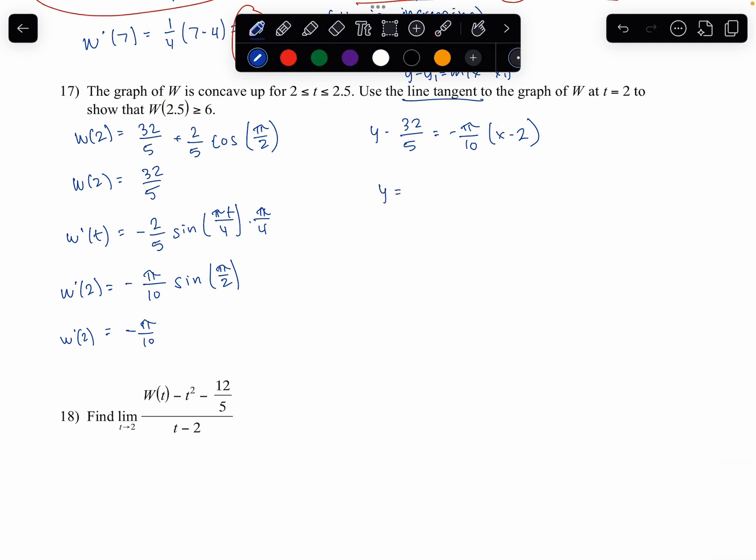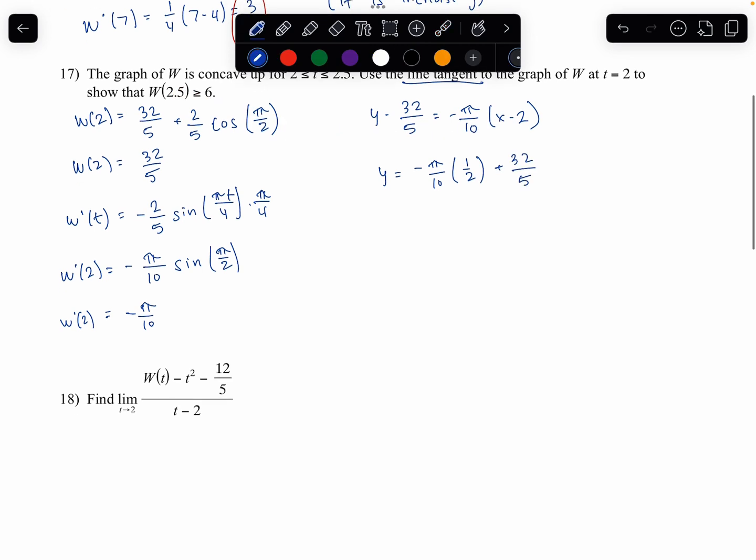I'll move this 32 fifths over here, so y is equal to negative pi over 10, and when I plug in 2.5, 2.5 minus 2 is 1/2. Then we add 32/5. This is equal to negative pi over 20 plus 32/5.